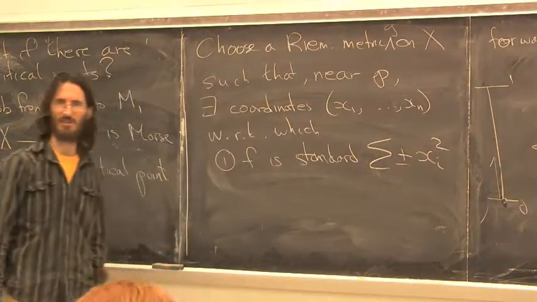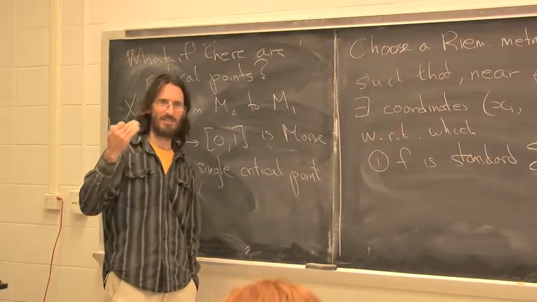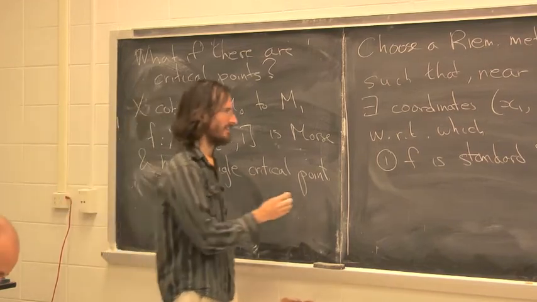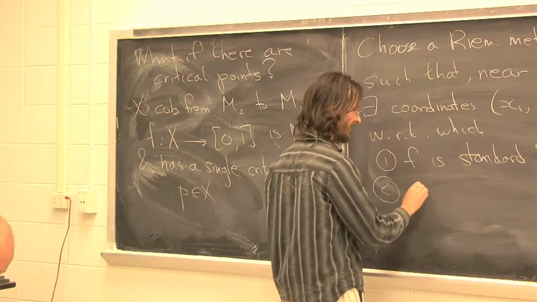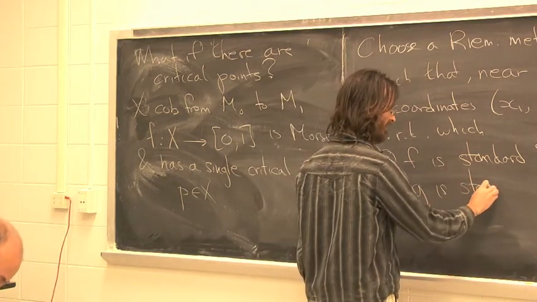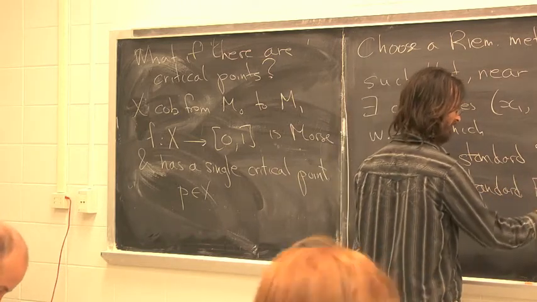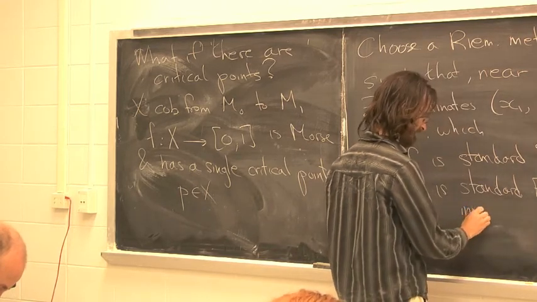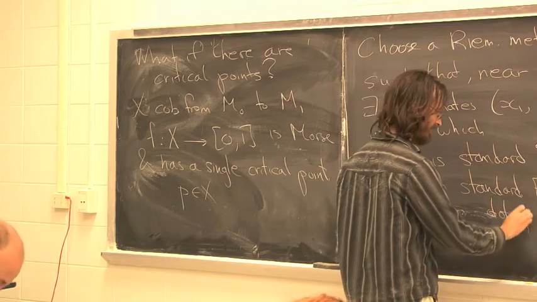Now the standard Morse function we wrote down. So it's a good coordinate system for the Morse theory, right? And the second thing is that g is the standard Euclidean metric in those coordinates.